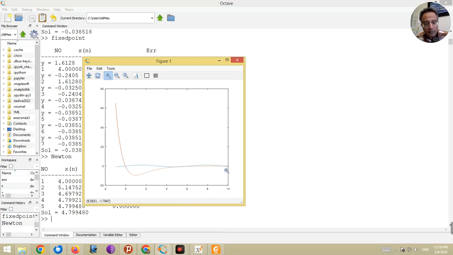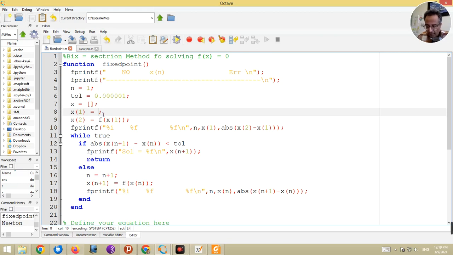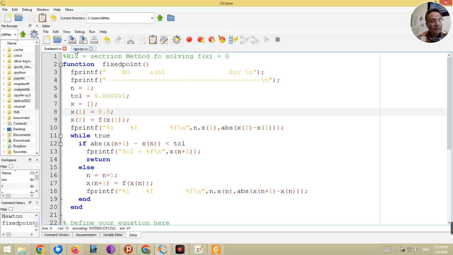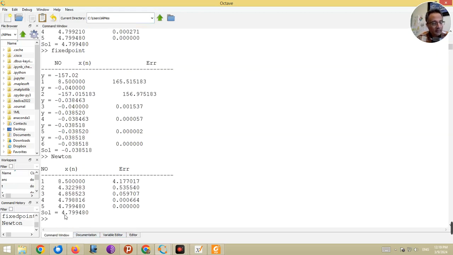Now, let me have a look at the question here. Another root is between, for example, 8 and 10, or 9 and 10. Let me try first the fixed point with 8.5 and run the program. Again, we found the previous root. Now if I try the Newton method with this new starting point 8.5 and I run it, I get 8.5.